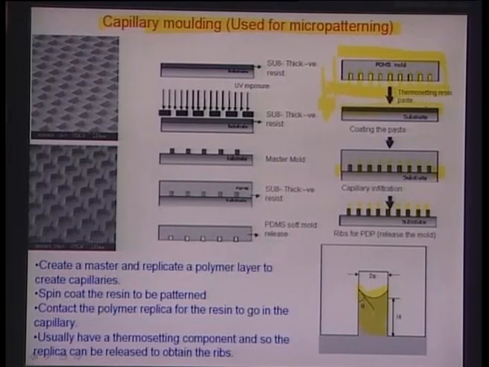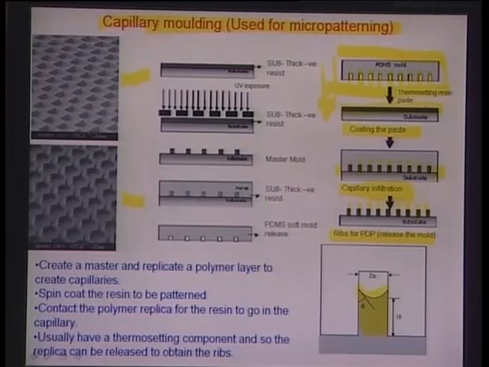So, these several processes are basically coating the paste, capillary infiltration, and releasing the mold, so that you are left with the thermosetting resin shaped as small dots. So, these are some of the features and structures which are generated by this process, cited from various illustrations.